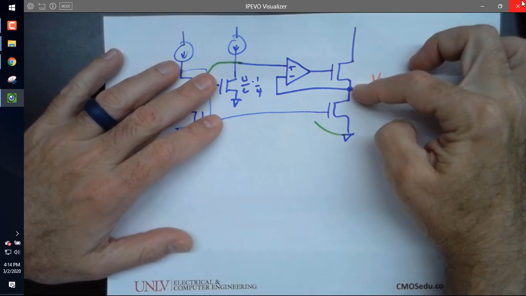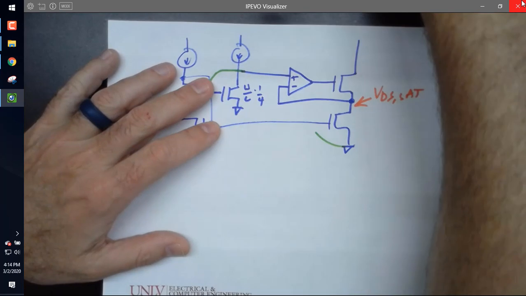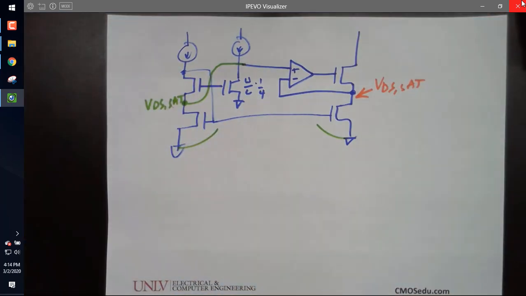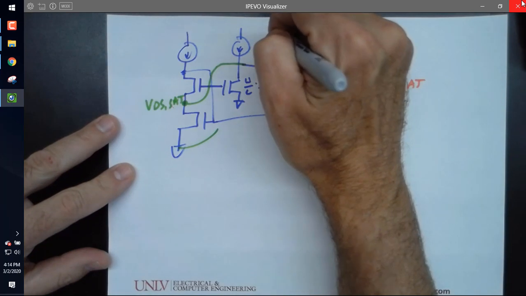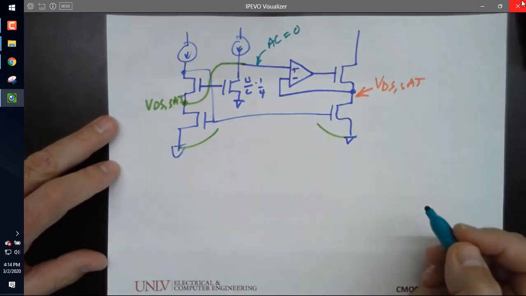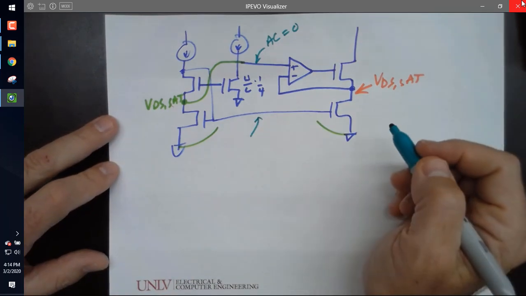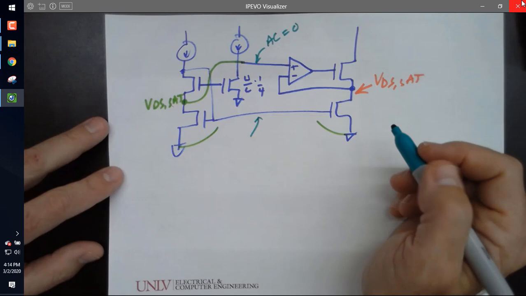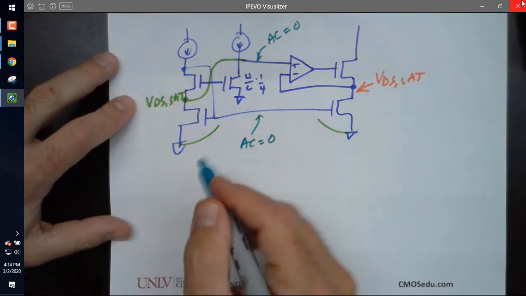Okay? And I'm going to prove this to you with math. Okay, so this voltage is, for our AC analysis, AC ground, okay? This voltage is what? For AC, AC ground. So I have the following circuit simplified.